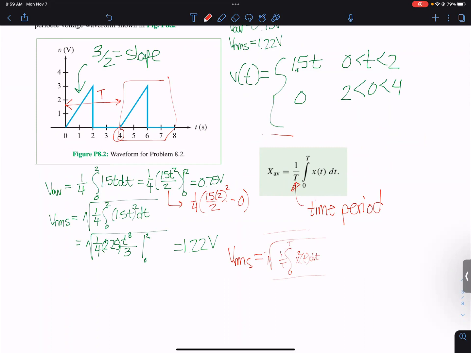If you have a sinusoid, it's easy to see that the average is right in the middle at 0. When you have something like this, where over that time period you have a portion of a triangle, it's hard to see where that average is. That's why you use the mathematical equation to figure out what the average is.